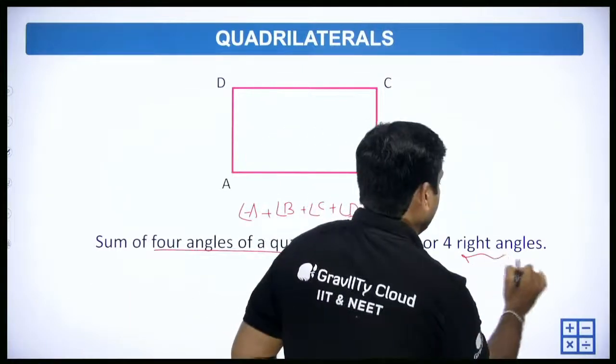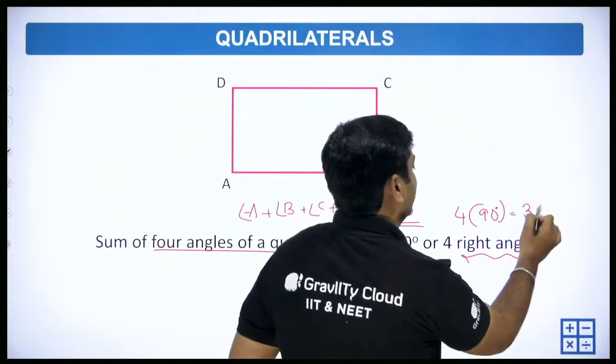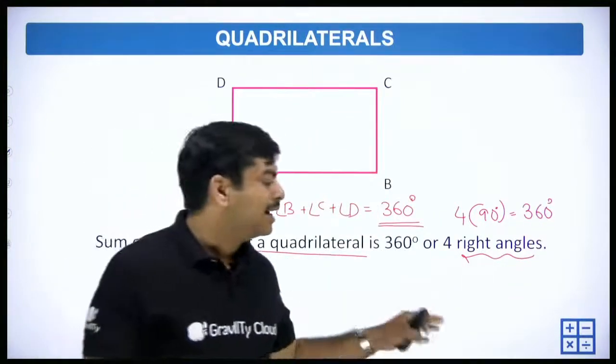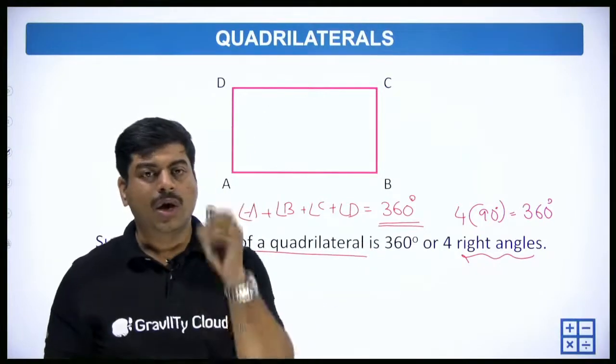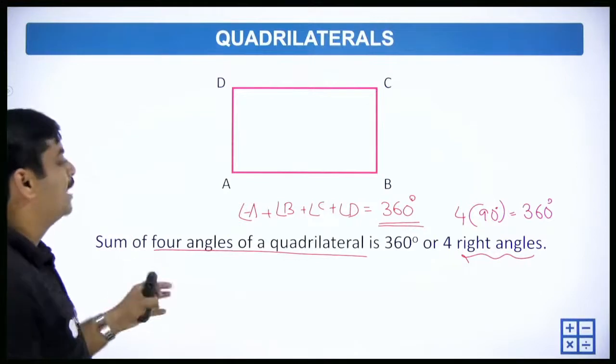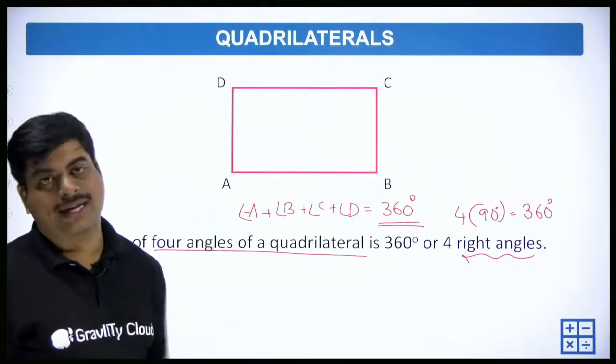What do you mean by right angle? I told you in the last class, 4 right angles, 4 times 90 degrees, which is again equal to 360 degrees. One right angle is 90 degrees.